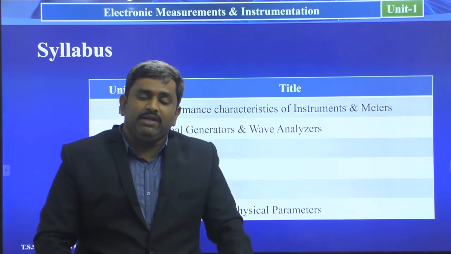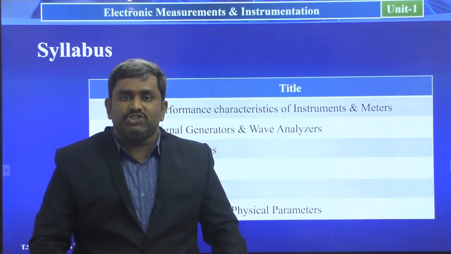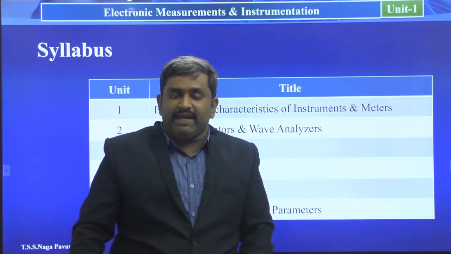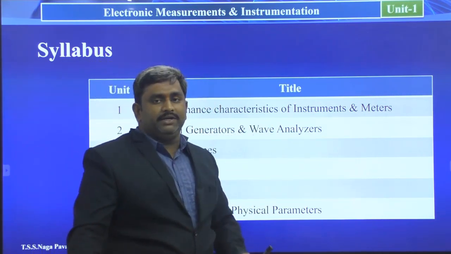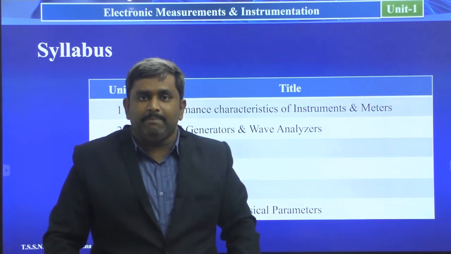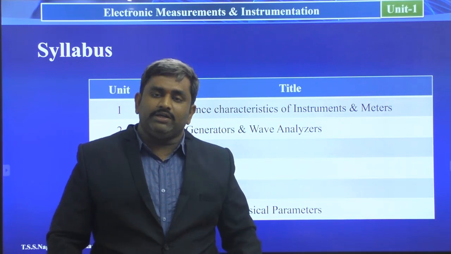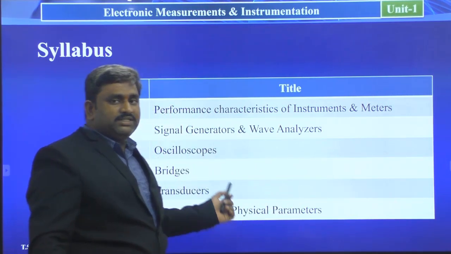For that, we need to see some basic characteristics like static and dynamic characteristics. We will see those in this first unit, and we will also see the meters: different types of voltmeters, ammeters, ohm meters, and basic analog and digital meters.